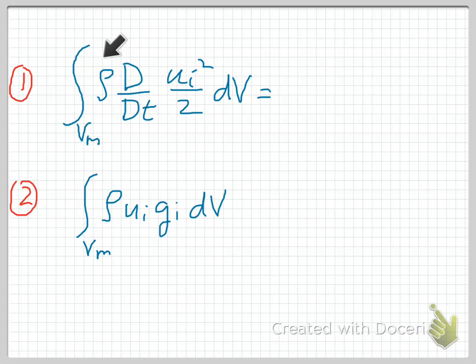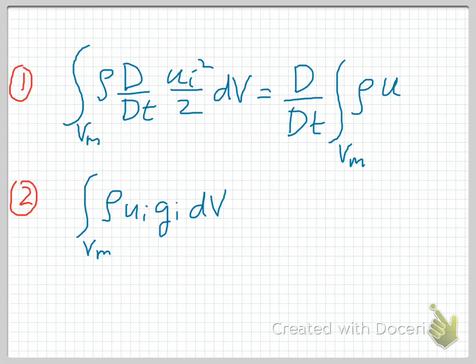Remember that when you integrate rho times D/Dt of something over a material volume, we already got this from the Leibniz rule. We get d/dt of the integral over the material volume of rho times whatever it was, in this case u_i squared over 2 dV.